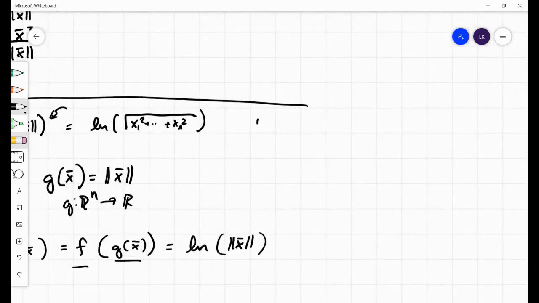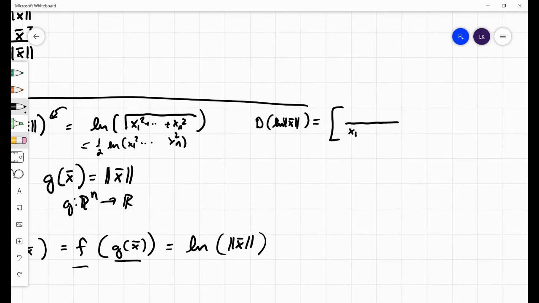Right, so if we did find the derivative of this function in that fashion, well, we would probably take advantage of the fact that this is log, so bring out the square root as a power of 1/2 you can bring in front. And you can differentiate that with respect to x1. So the derivative of log of anything is 1 over that thing. And then derivative with respect to x1, right?